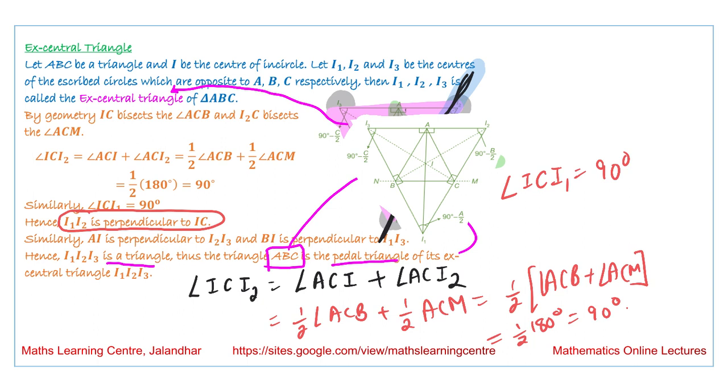These two lines are perpendicular to each other. And similarly we can prove that AI is perpendicular to I2, I3 and BI is perpendicular to I1, I3. So what we obtain from this is that I1, I2, I3 is a triangle, and this ABC triangle is basically the pedal triangle of the excentral triangle I1, I2, I3.